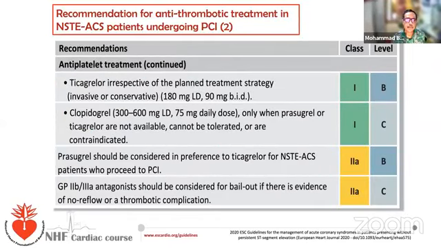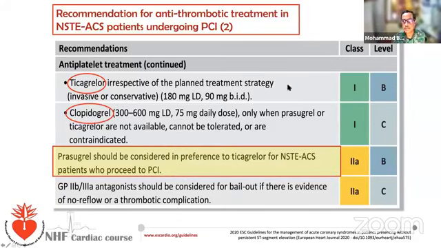Next is ticagrelor. Irrespective of treatment strategy, either conservative or invasive, we can continue ticagrelor with aspirin. And regarding clopidogrel, just to say that it is used only when prasugrel and ticagrelor are not available, cannot be tolerated, or are contraindicated. So the initial choice should be prasugrel or ticagrelor.